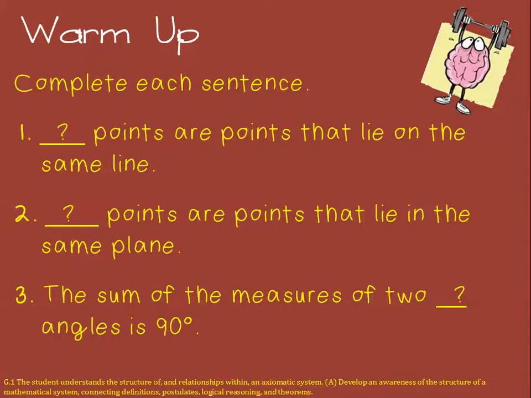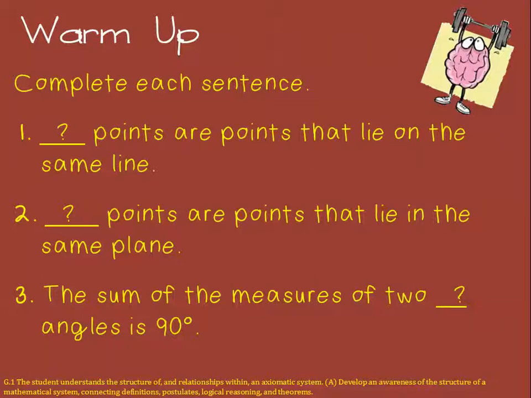I'm going to give you a couple of minutes to go through and answer these warm-up questions. The first one is, blank points are points that lie on the same line. What kind of points are those that lie on the same line? Number 2 is, blank points are points that lie in the same plane.